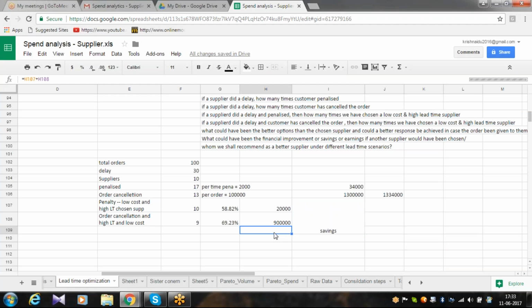So how much total savings would I have got if I avoided those erroneous decisions? Almost 9 lakh 20,000 rupees I would have saved.